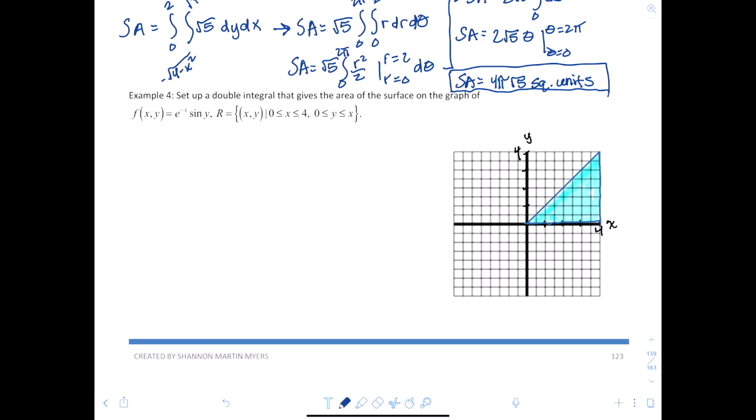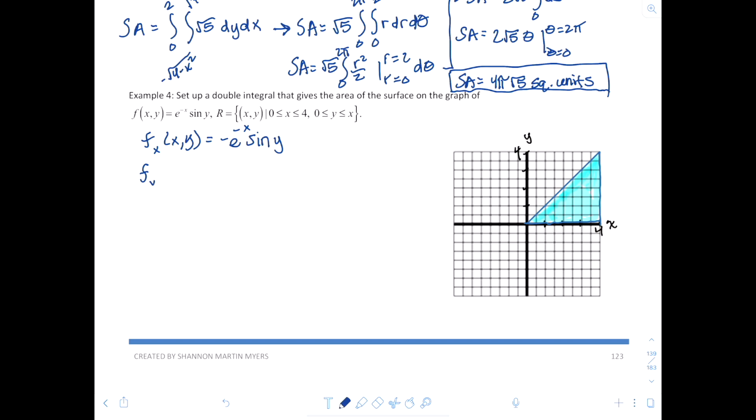So let's do it. Let's get our partials first. So f_x of x and y, we've got no product rule on this because the sine y will be treated as a constant. So we'll get negative e to the negative x times sine y.